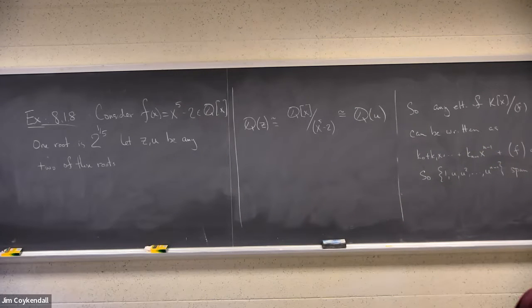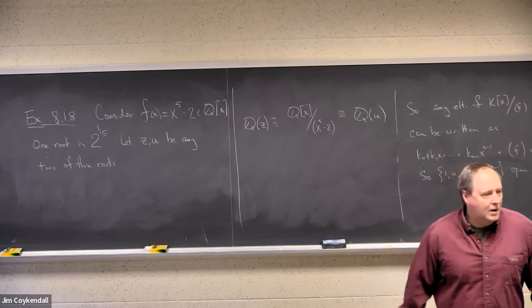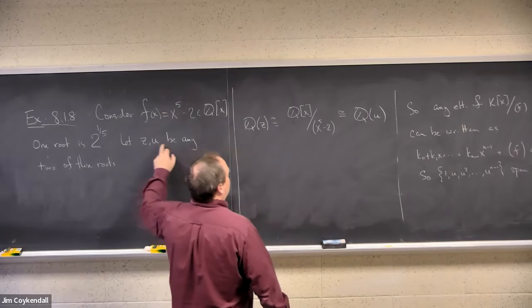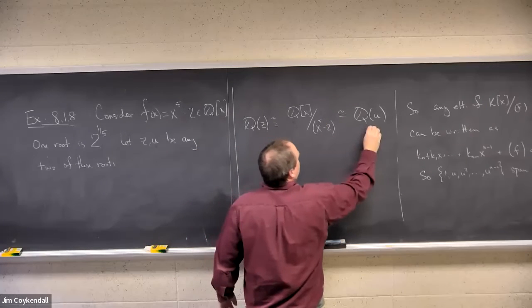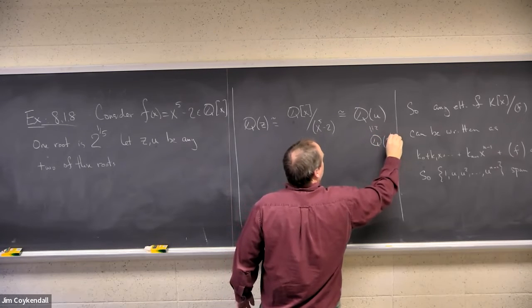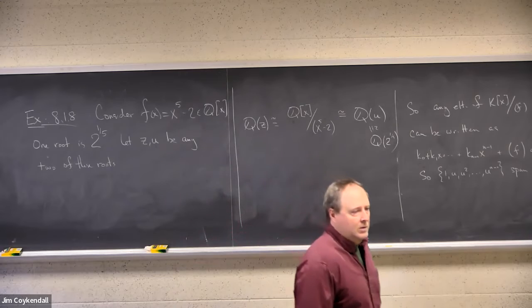Now, this is kind of interesting because you've got one real root and then you've got these two pairs of complex conjugates. Let's suppose that U is the real root. This is isomorphic to the smallest field that contains Q and the fifth root of 2.